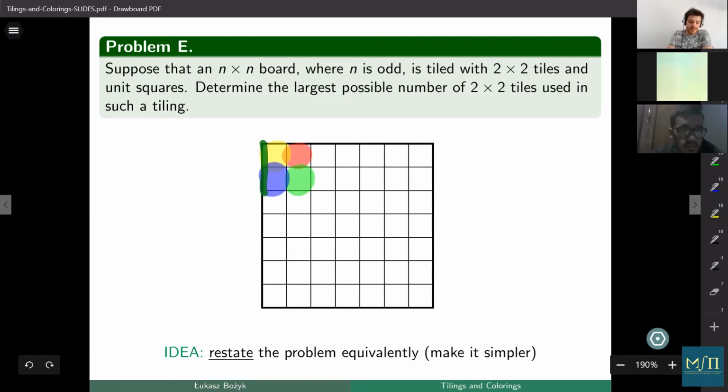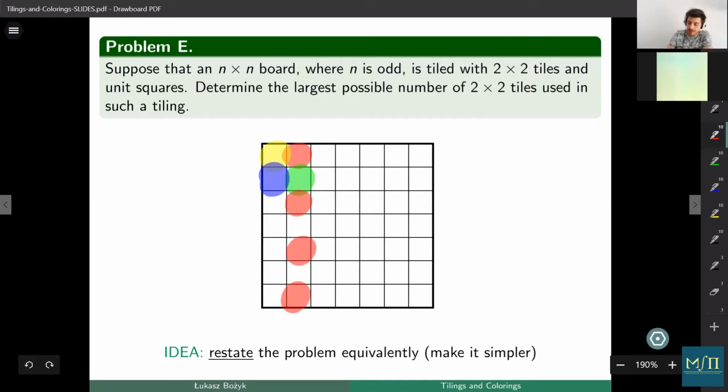And that 2 by 2 square allows us to just repeat this pattern periodically, right? With period 2 in both directions. So in order to have, for example, this piece covered by blue, green, red, and yellow, it's enough to have this coloring shifted here.